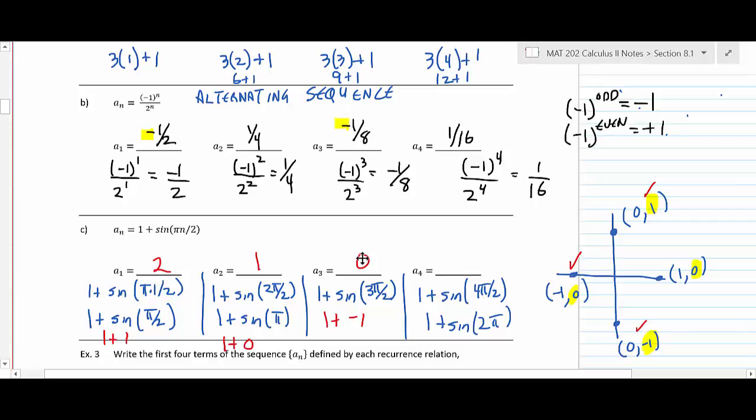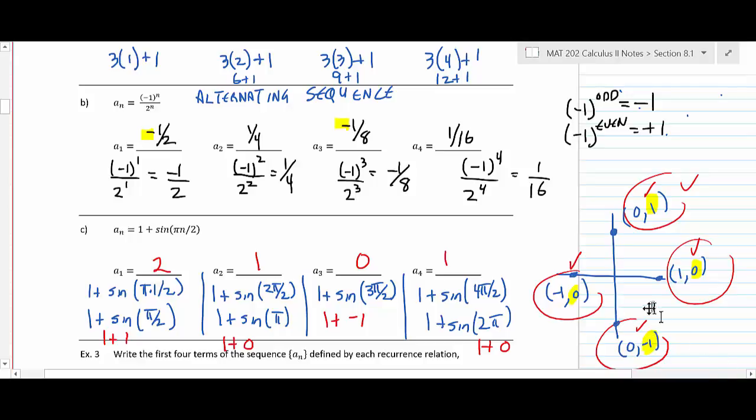Sometimes it's deceiving. It looks like it's going down 1, but it isn't, because when you go back to this one, you have 1 plus 0, so it's back to 1. So the sequence is going to alternate between those values over and over again: 2, 1, 0, 1, over and over. When you go through this pattern, you're just looking up these values over and over again. Does that make sense?